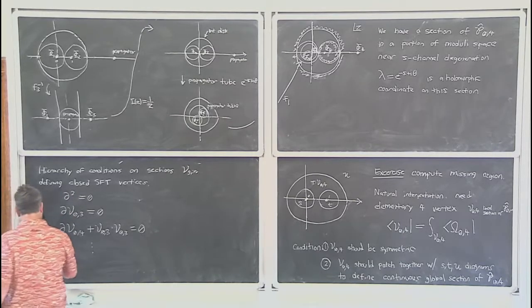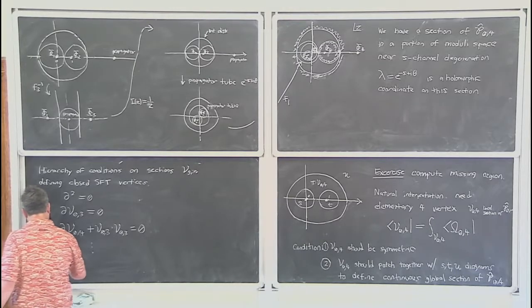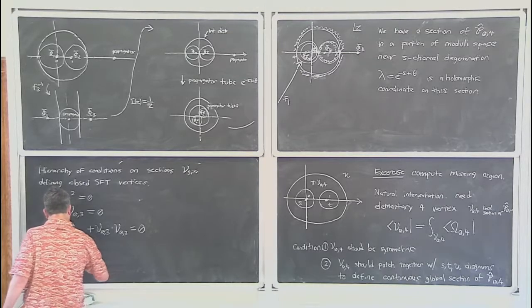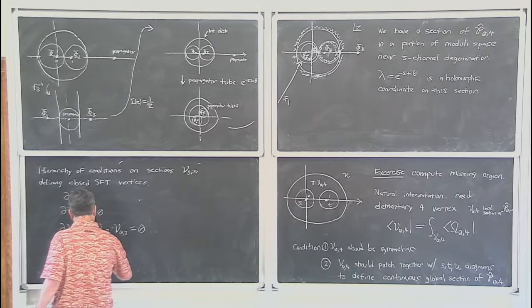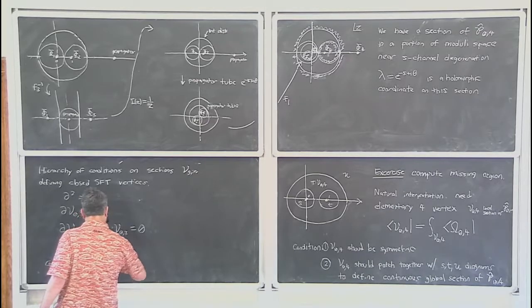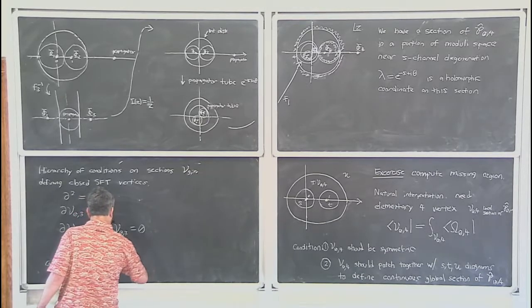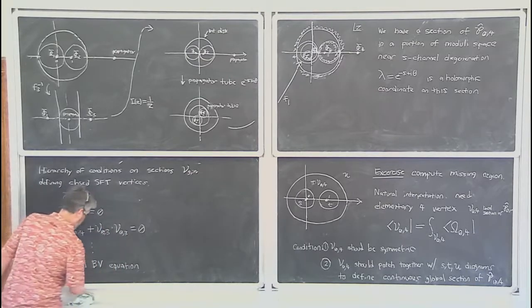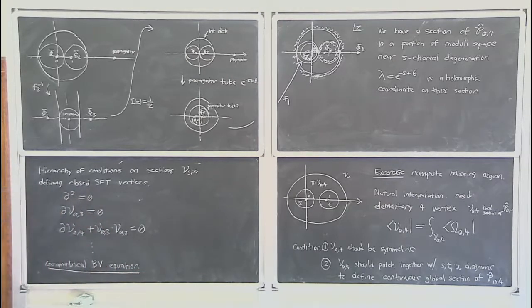And these equations are called the geometrical BV equations, or equation, depending on how tightly you want to package it. These equations are actually a statement of the principle of nonlinear BRST invariance, which is the symmetry principle which determines the form of closed string field theory.